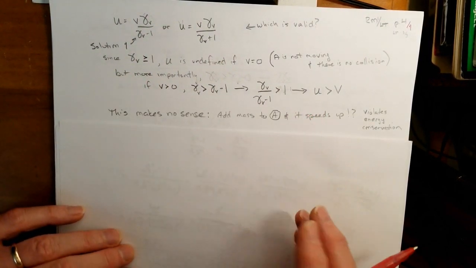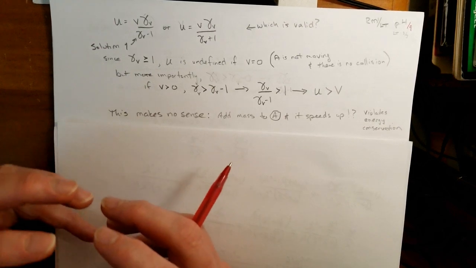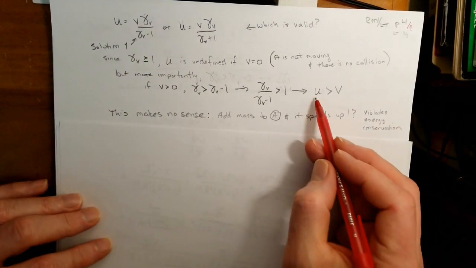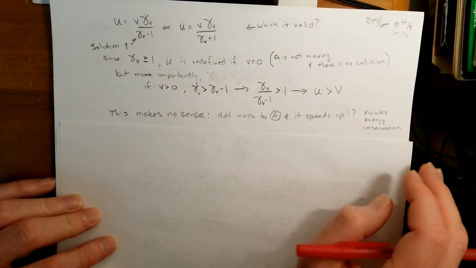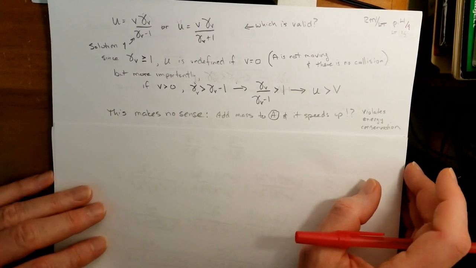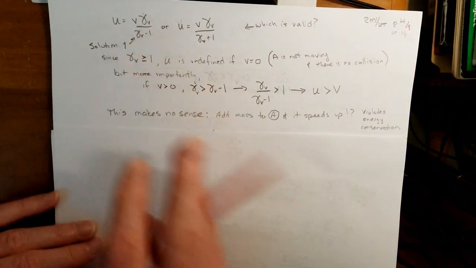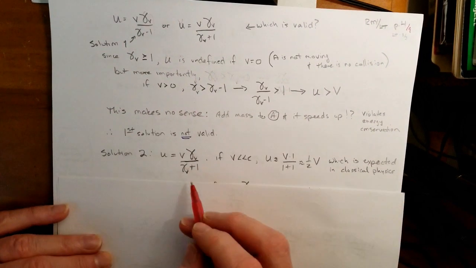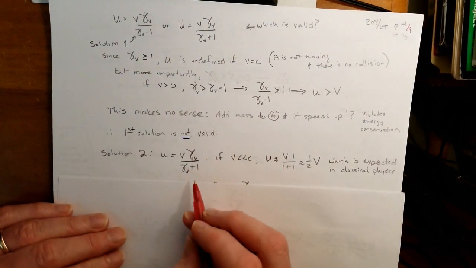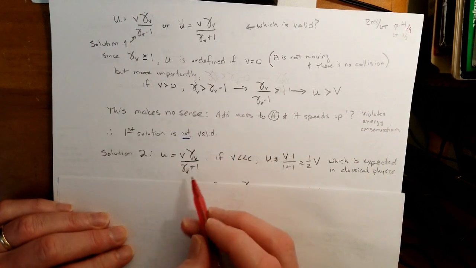This would mean that when the two masses collide, they gain speed, because u is the speed afterwards and v is the speed beforehand of one of the objects, and that violates energy conservation. So this solution cannot be valid. So solution 2 would have to be valid, assuming that there's not a mistake earlier.